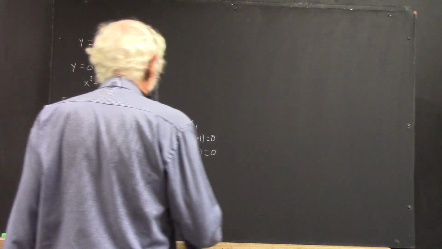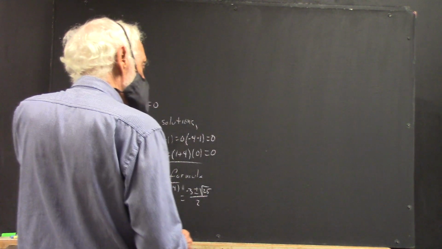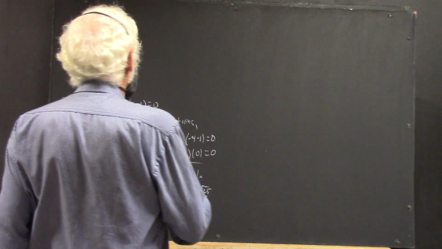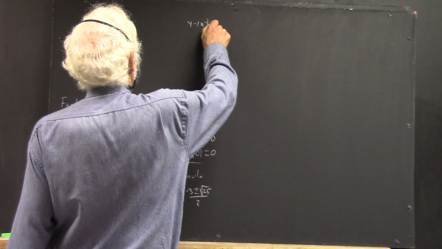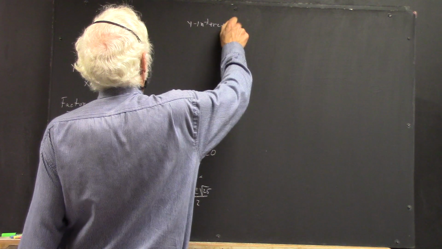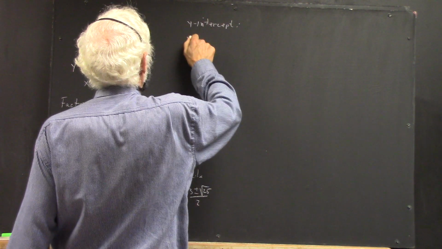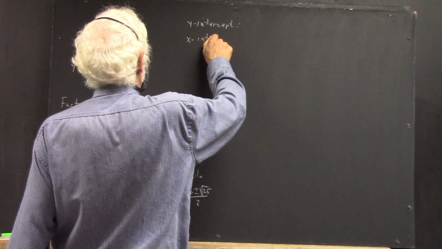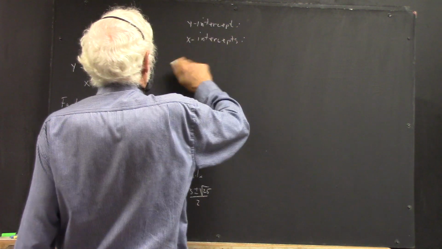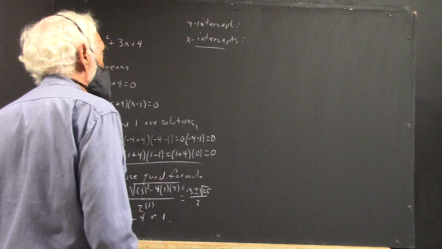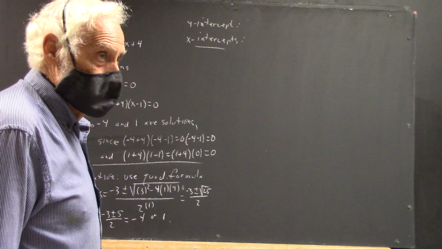Now, what does the graph of this function look like then? Well, we have a y-intercept and we have x-intercepts.